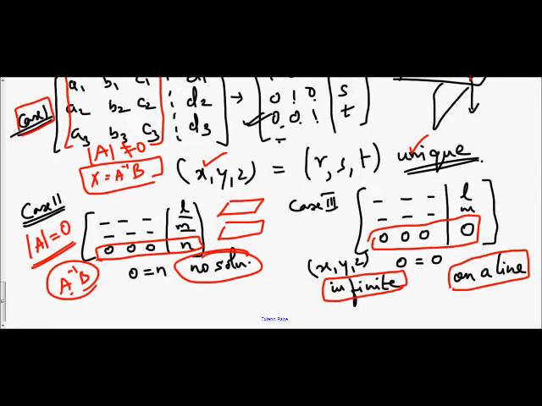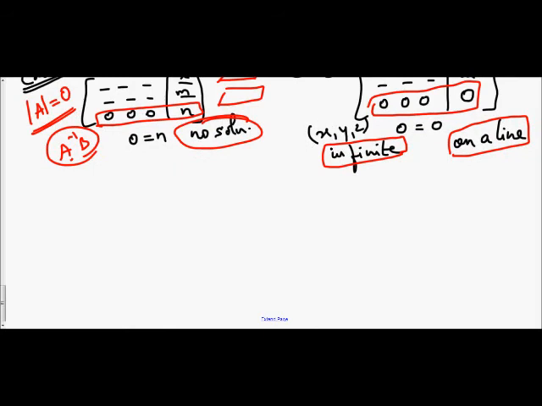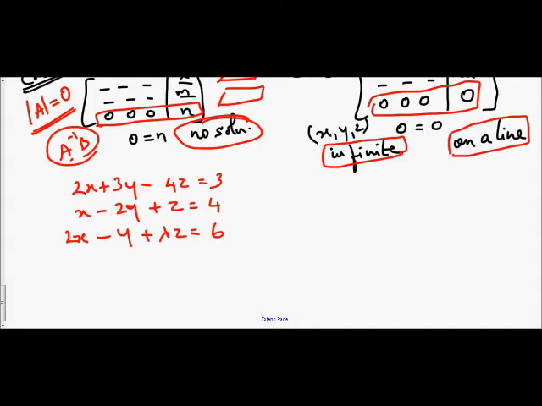So why did I say that sometimes you might not be able to use GDC? Say a question has a number there and you are given that it does not have a solution. For example, 2x plus 3y minus 4z equals 3, x minus 2y plus z equals 4, and 2x minus y plus some lambda z equals 6.